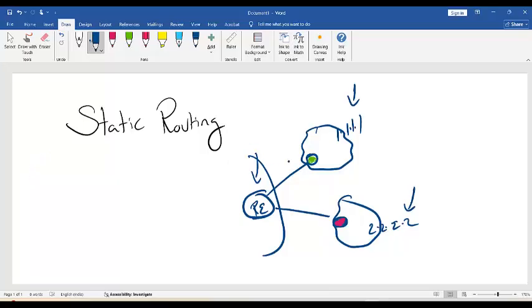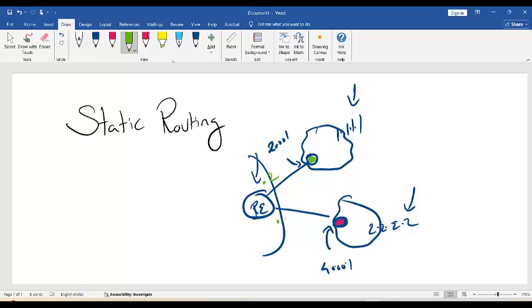Now let's say the IP address of this interface is 20.0.0.1 and the IP address of this interface is 40.0.0.1, and the IP address on this side is 20.0.0.2.